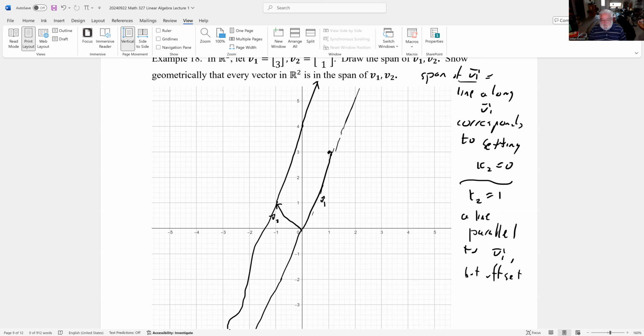Okay, what happens if we had K2 equal to 1/2? Well, that means we go halfway out here. Now that's our new offset vector, and we get another line like this.